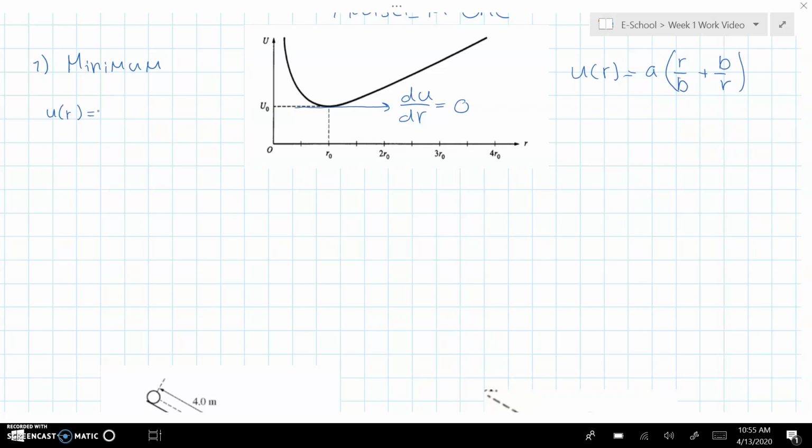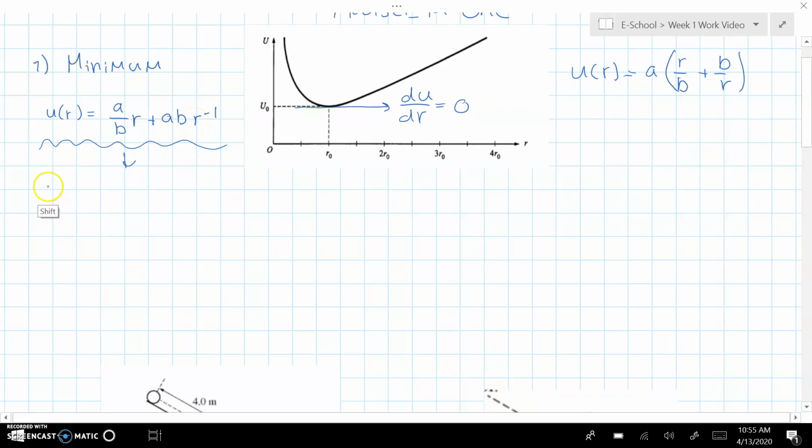You guys by no means have to do that. So we've got U of r is A over b times r plus A b times r to the negative 1. Okay, from here, let's go ahead and calculate our derivative. So the derivative of this, remember, I want to take the derivative of this guy and the derivative of this one.